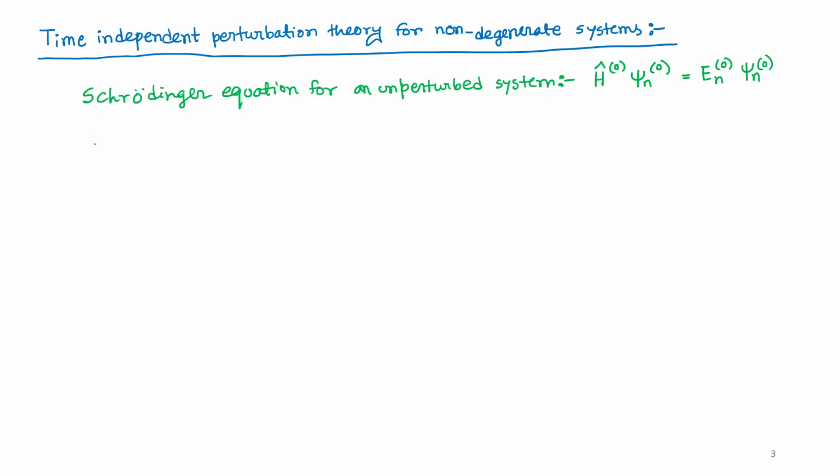So if we have to write the perturbed Hamiltonian, suppose a perturbation is applied, let me write it as a function of lambda. I hope you remember what lambda is. Obviously it will have the zeroth order Hamiltonian plus this part, the perturbation.